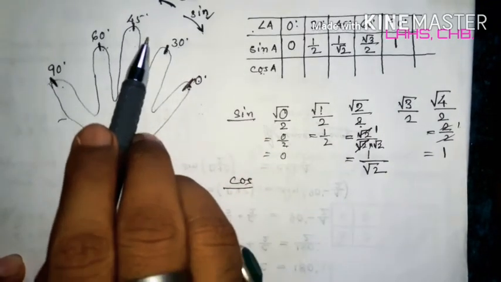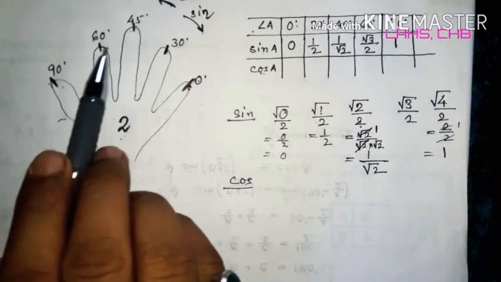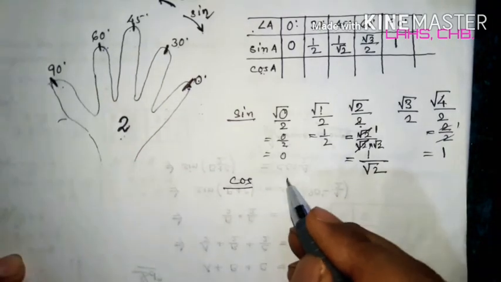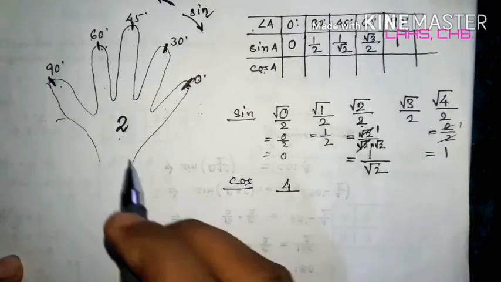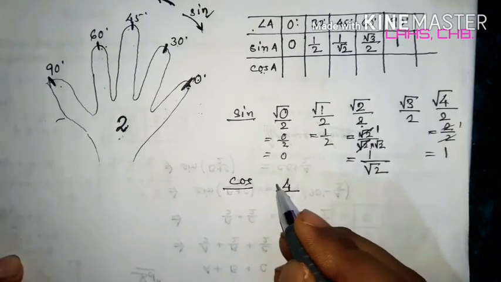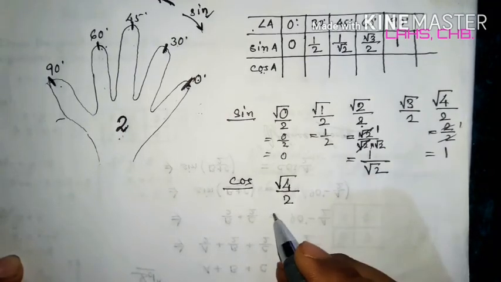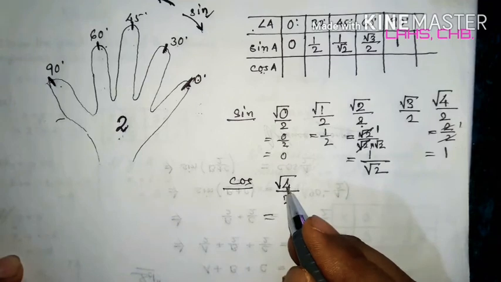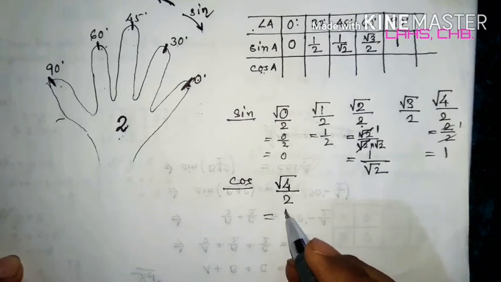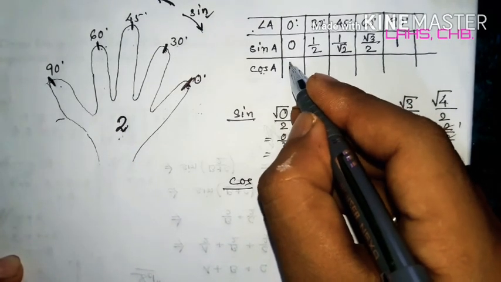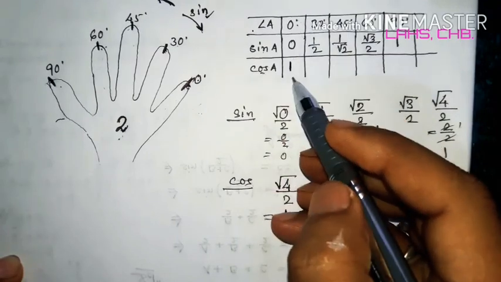Next to it on this side, how many fingers are here? 1, 2, 3, 4. Write 4 as it is. 4 fingers are here, divided by 2. Then put a square root at the numerator place. Square root of 4 is 2, 2 by 2, 1. 1 will be the value for cos 0 degree.